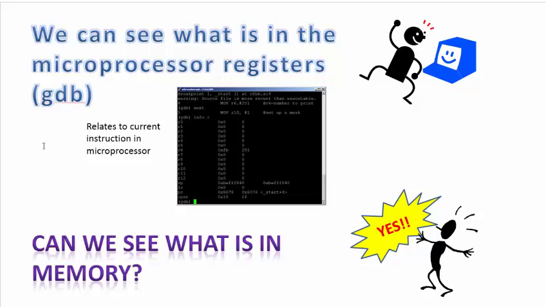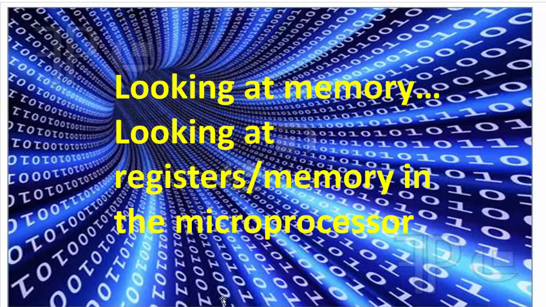We can download the associated debugger, GDB, and look at what's inside the microprocessor. We can also look at what is in memory, at where our program is stored, and see it. So that's what we're going to do next.